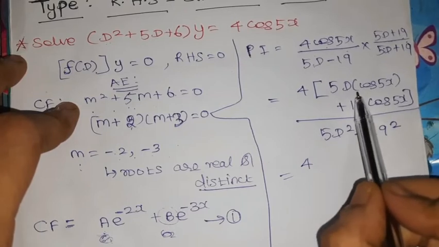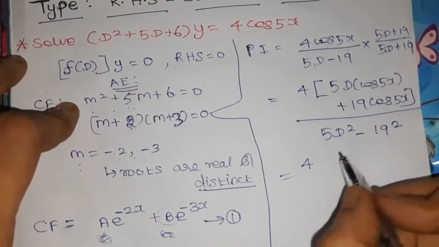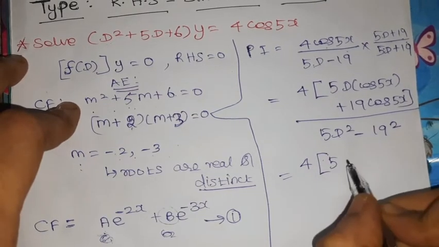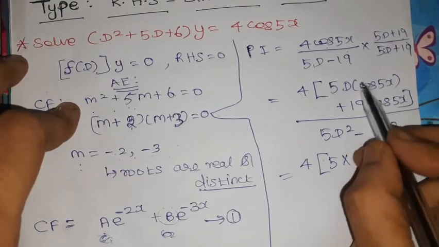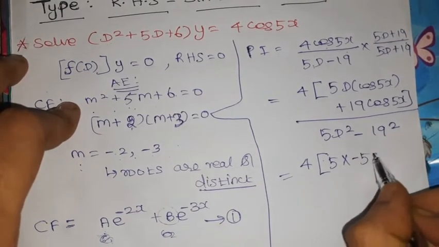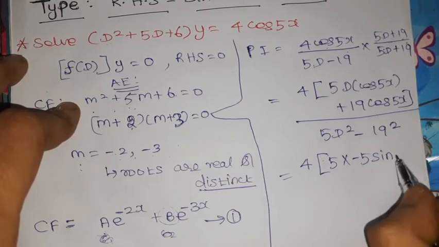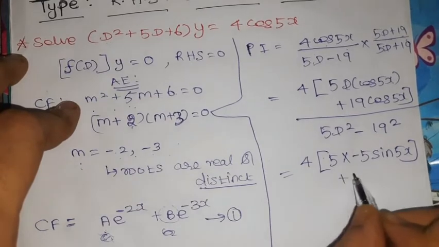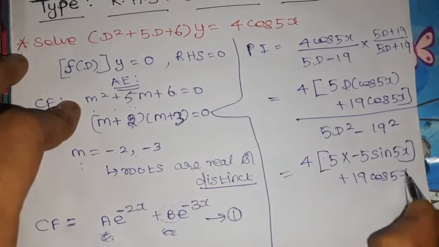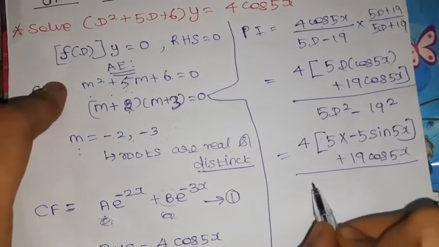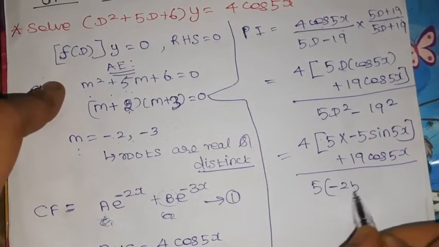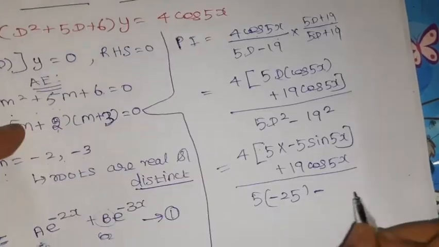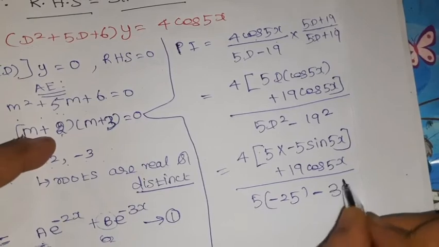differentiation of cos 5x, which is nothing but minus sin 5x into 5. So already 5 is here, into minus 5 sin 5x. By differentiating we will get this, plus 19 cos 5x, divided by 5 into D squared. 5 into D squared is nothing but minus 25, and minus 19 squared is nothing but 361.